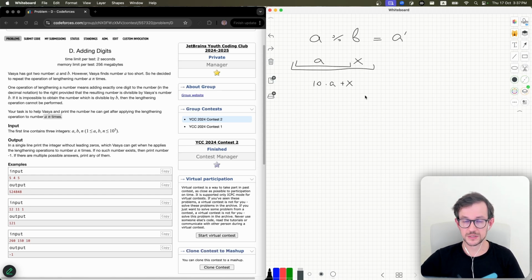And since I only care about remainders, I can calculate it like this: 10 multiplied by my old remainder plus x, and all this modulo B. And now I just need to find this digit so my number is divisible by b. So I want this to be 0.